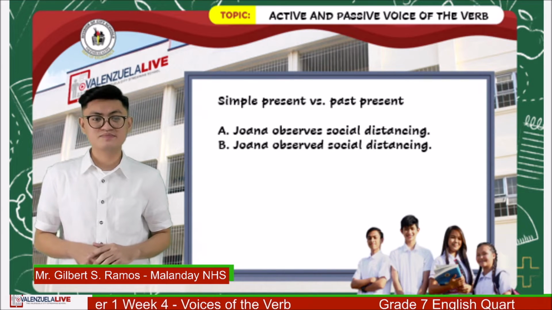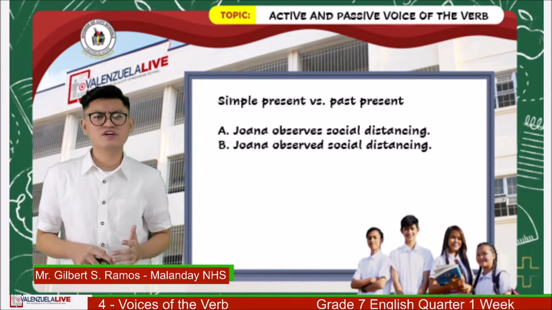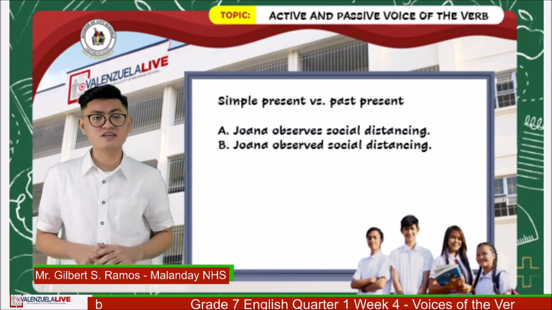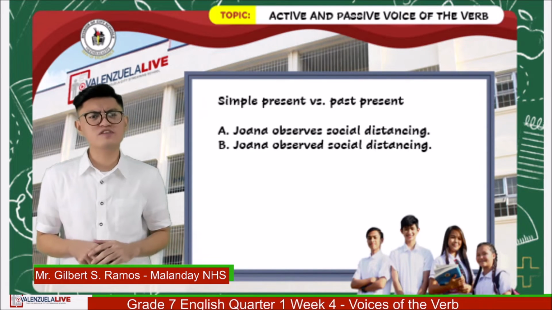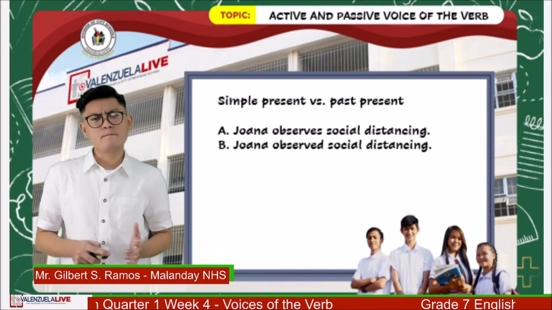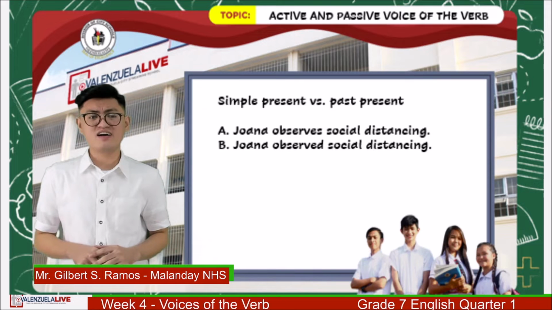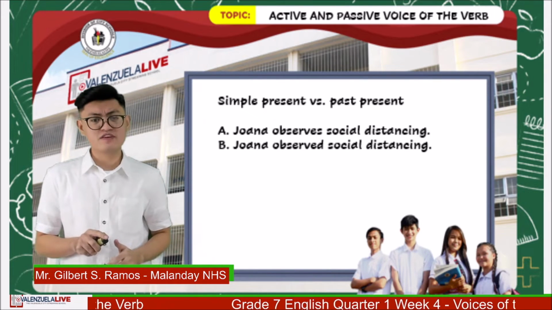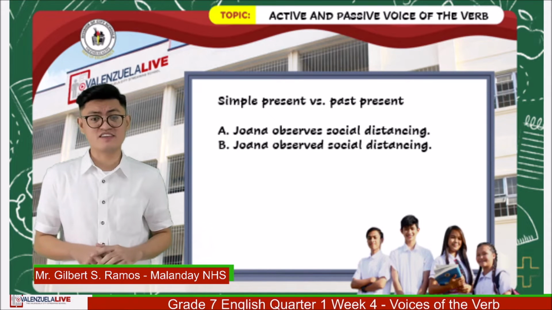Sentence A, Joanna observes social distancing. Sentence B, Joanna observed social distancing. Both sentences are in the active voice, but look at the verb used in the sentences.